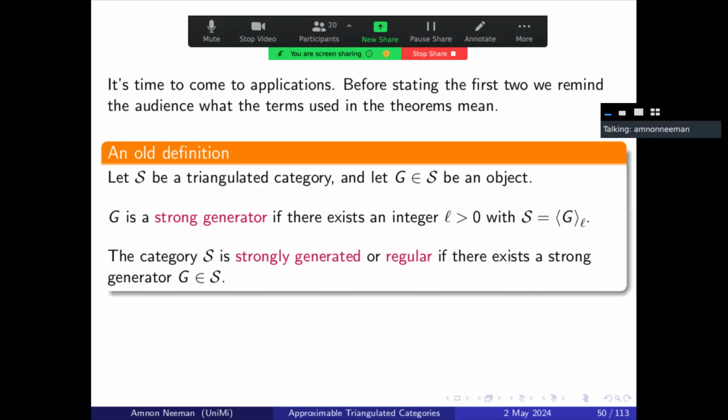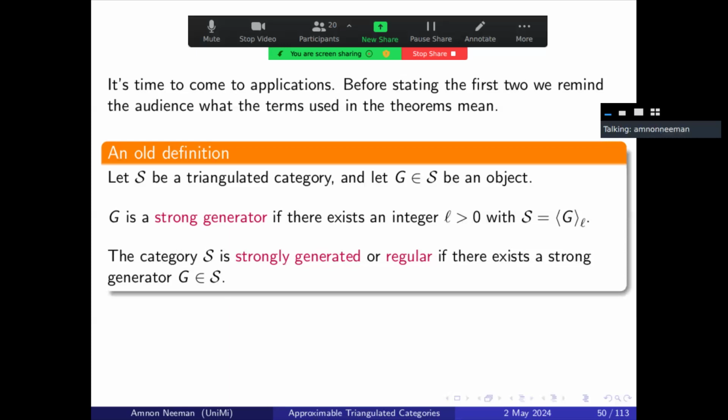Then G is a strong generator if there exists an integer L such that G generates S using no more than L extensions. This definition goes back to Bondal and Van den Bergh in 2003. And the category S is strongly generated, or regular, if there exists a strong generator G in S.